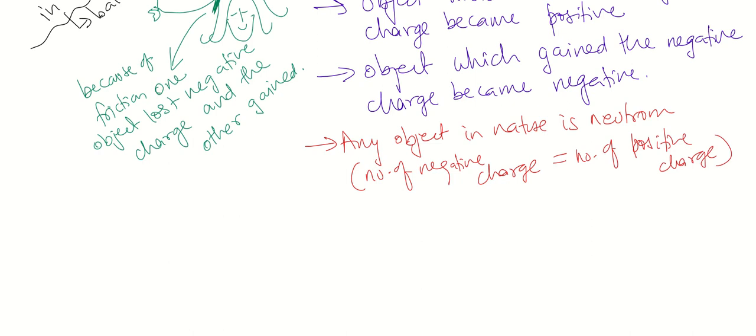But because you caused friction, you were able to separate them. You were able to take out some of the negative charge from one surface and transfer it to the other surface, right? So this way you can create charge.